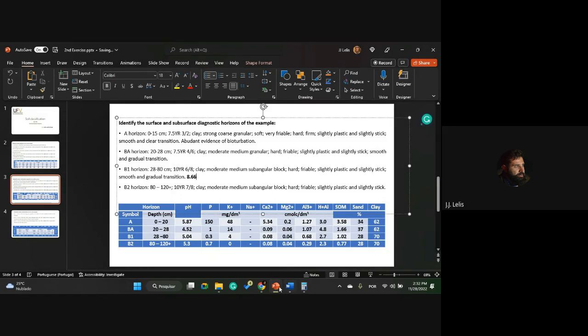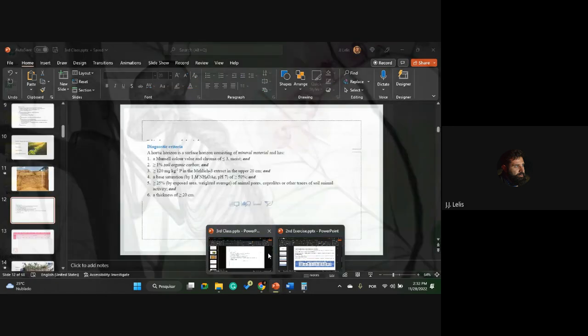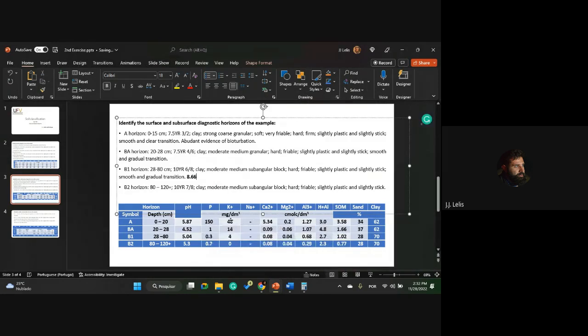And now I need to divide the content of all the bases, that's potassium, sodium, calcium, and magnesium, by all the negative charge that we have.